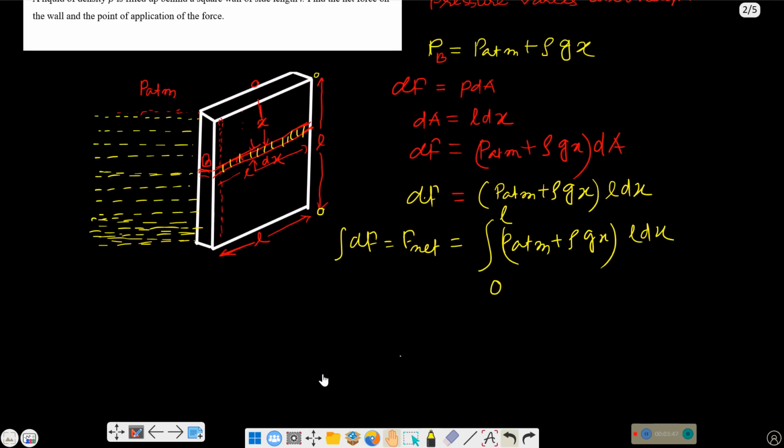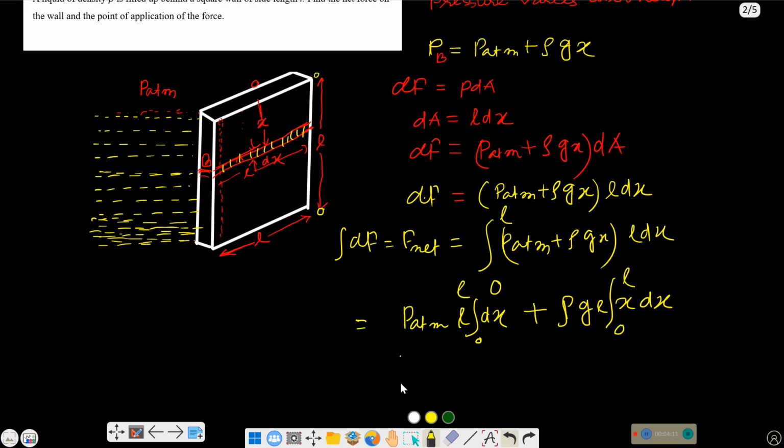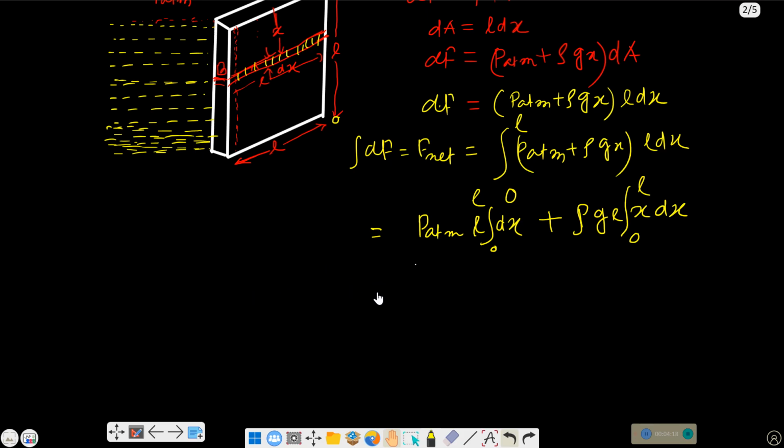Now let me integrate this for the net force. If we integrate this, what we will get is: p atmosphere is a constant, L is a constant, integration of dx remains, so 0 to L you need to integrate this, plus rho g L is a constant, and x dx you need to integrate from 0 to L. So what you will get is p atmosphere L, again this will be L, plus rho g L, this will be L square by 2, right, after integrating.